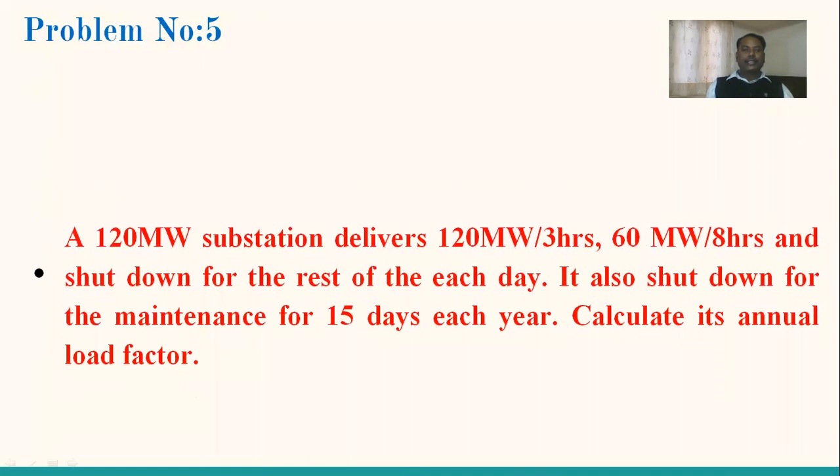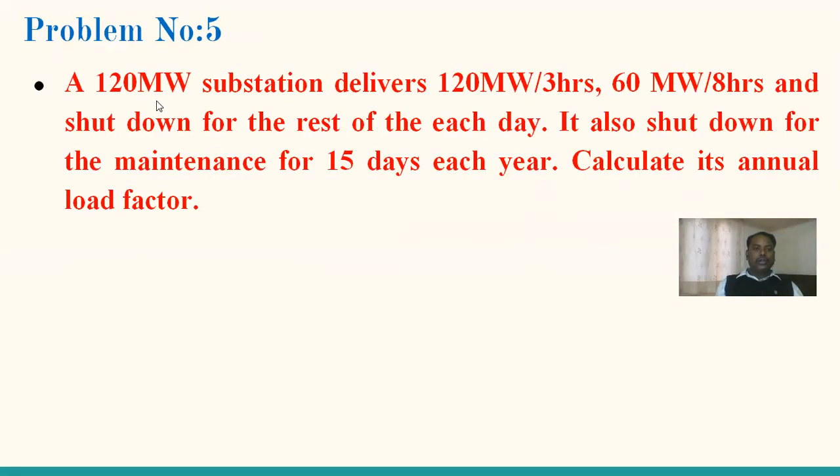So let us see the problem. A 120 megawatt substation delivers 120 megawatts for 3 hours, 60 megawatts for 8 hours, and shuts down for the rest of each day. It also shuts down for maintenance for 15 days each year. Calculate its annual load factor.